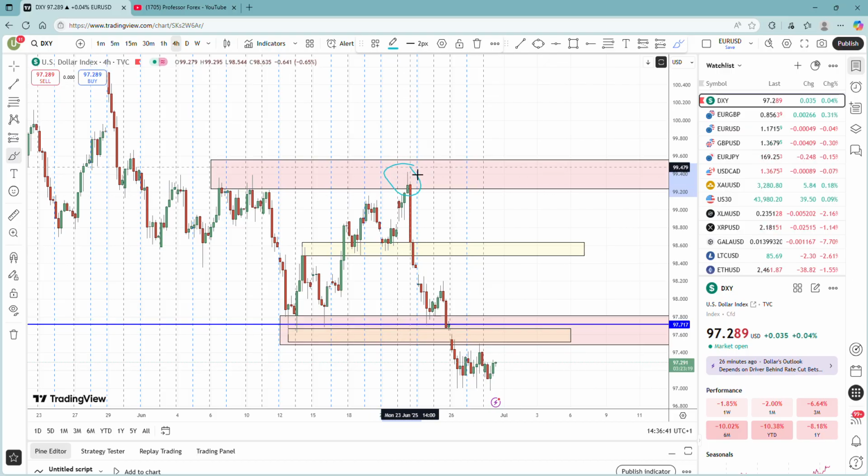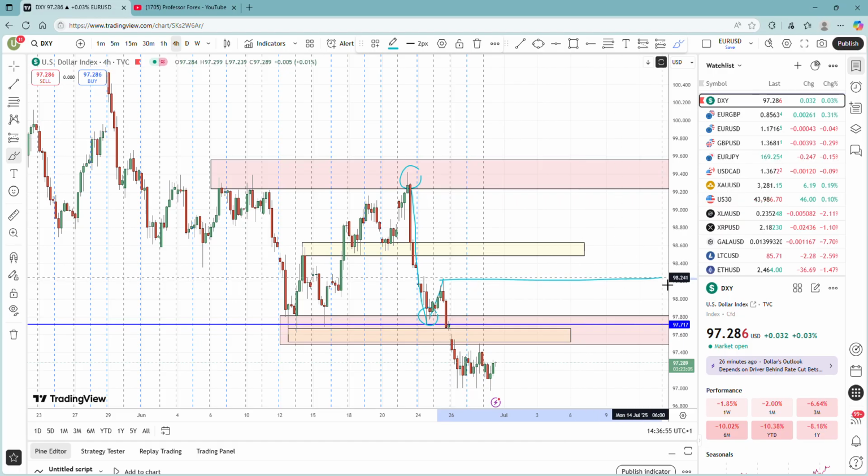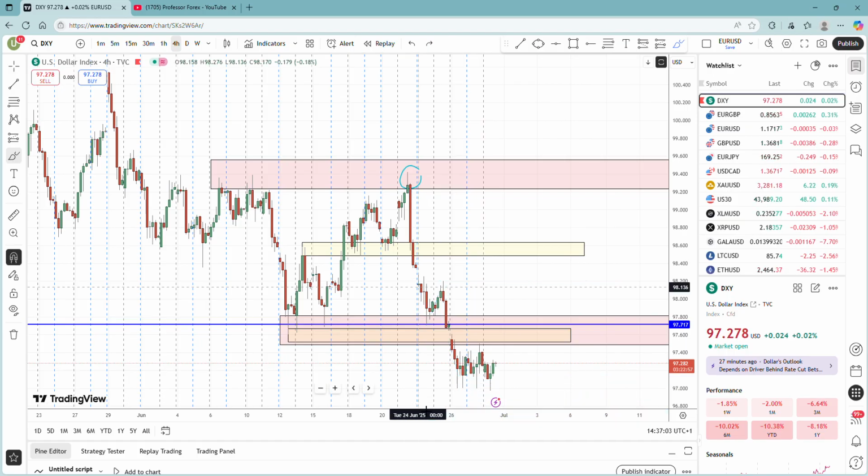On the H4, you can see it was in an uptrend, so that was the most recent higher high. You can mark that as your resistance. Then from here, it's gone down and made a lower low, so this is your most recent support. Lower high, so here's a level. And then it's gone down to make a further lower low. So here's your most recent H4 support. So that's how you can mark it on your H4.